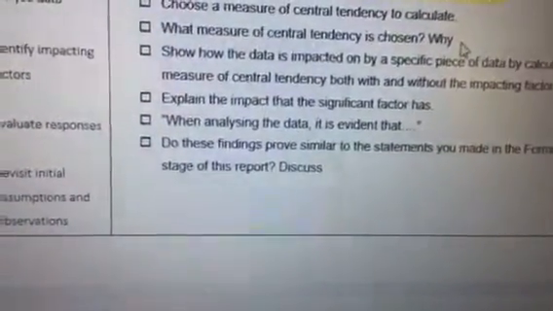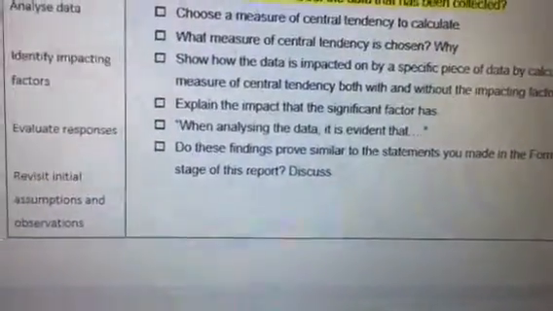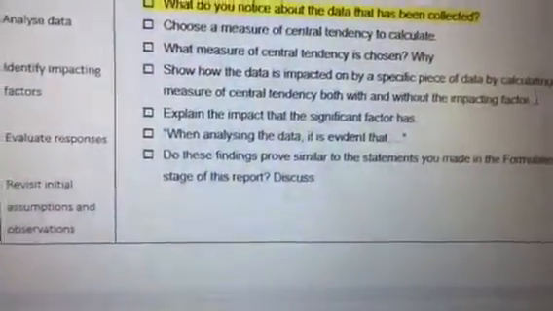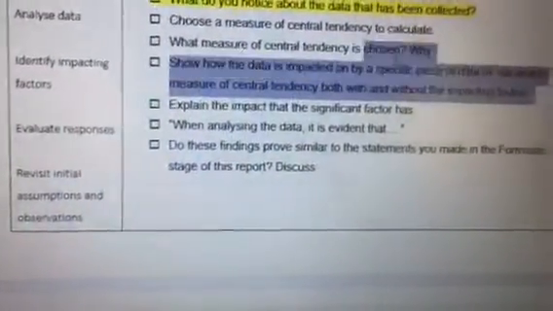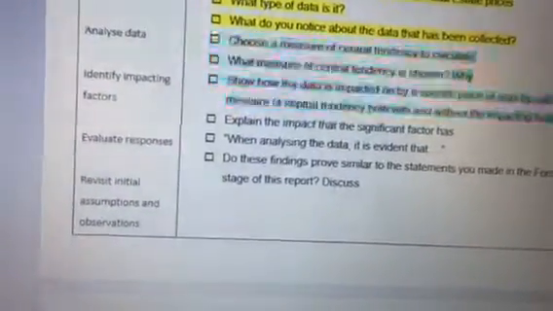It does say to choose a measure of central tendency and explain why you chose it. Okay, so there's, I guess, a range of students in the classroom. So this one's a bit more of a thinking one.